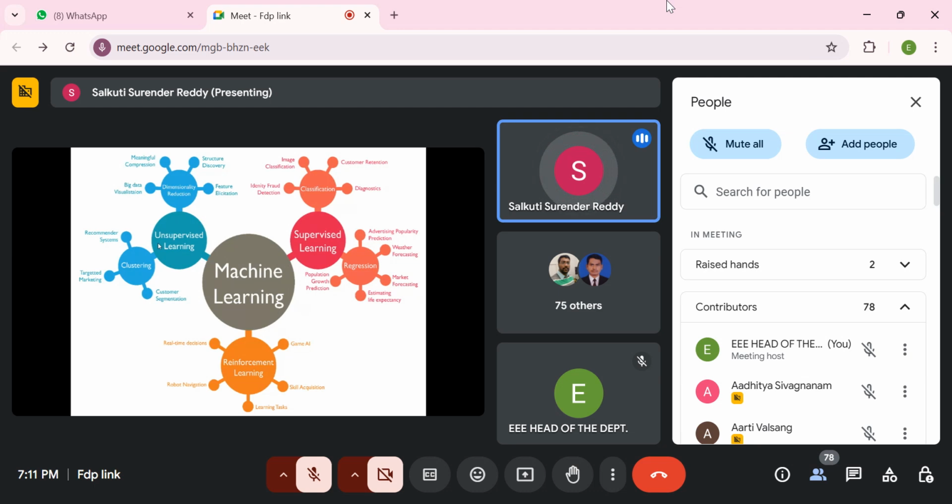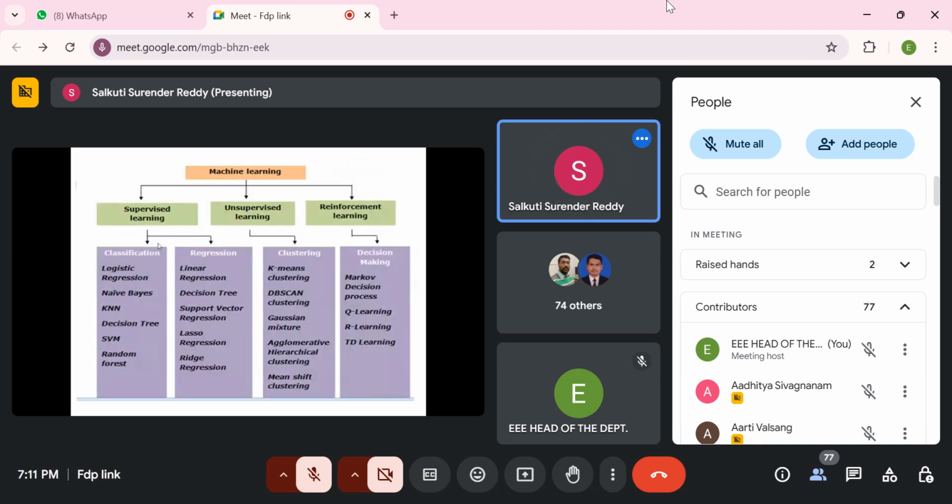You can use machine learning for most applications, especially in interdisciplinary areas. We can use these machine learning algorithms in electrical engineering for solving various problems. So in machine learning, you have different algorithms, like classification algorithms, regression algorithms, clustering algorithms, or decision-making algorithms. You have different types of algorithms for each of these categories.